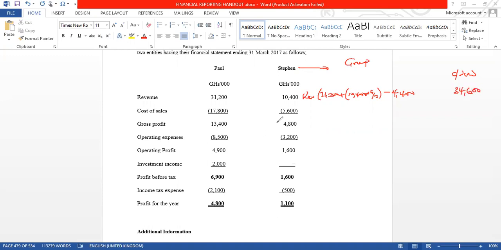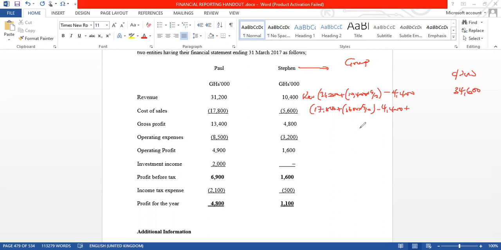All right. Note the cost of sales that is here. How are we going to do it? 17,800. All right, plus, in bracket, 5,600 times 9/12. All right, less the 4,400. But don't forget, we have things like the PAP, which we worked. How much was the PAP? You have to bring it in here.